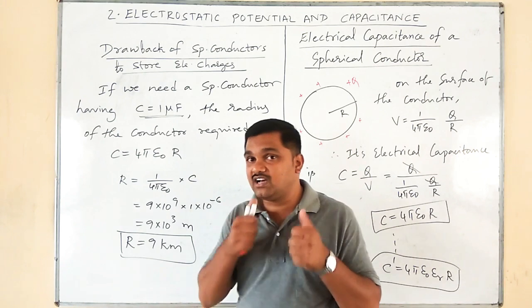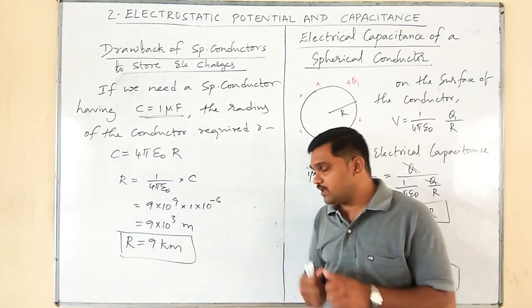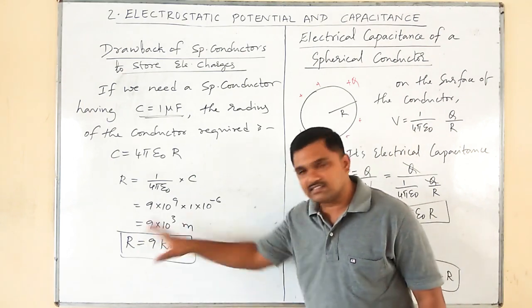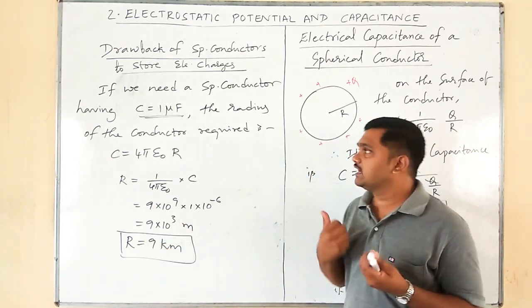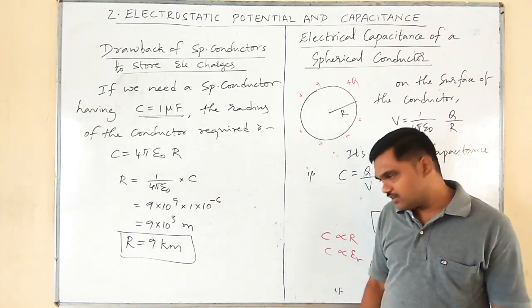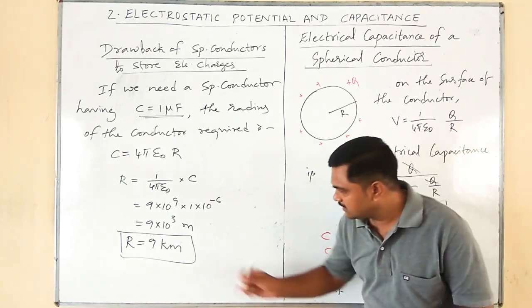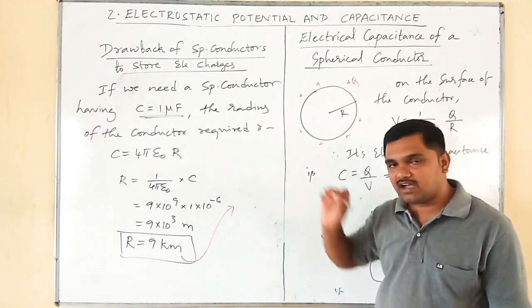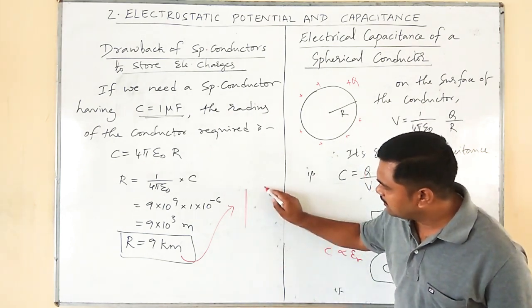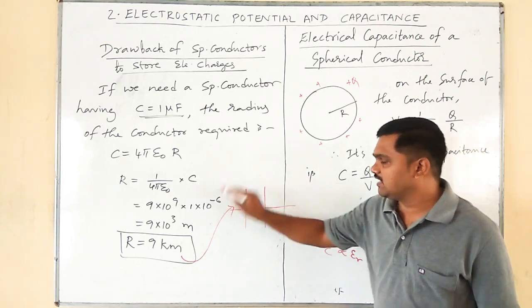Then what to do, sir? Only one option is left. If we increase the radius, we can get more capacitance, that is, we can store more charges. Therefore, it led to the discovery of a new type of capacitors called parallel plate capacitors.